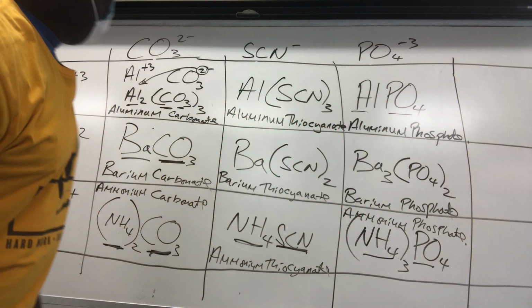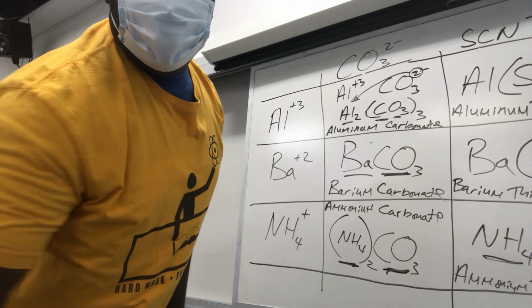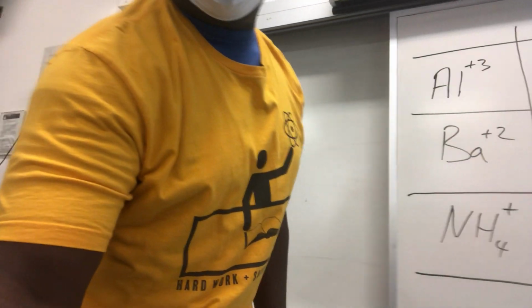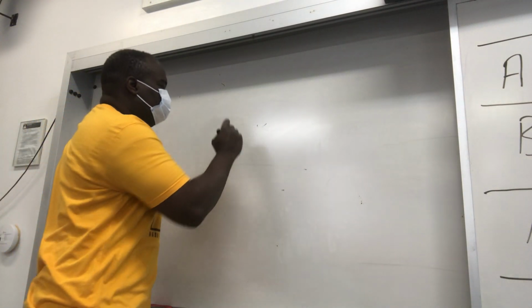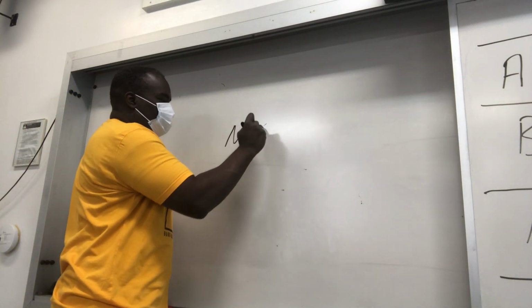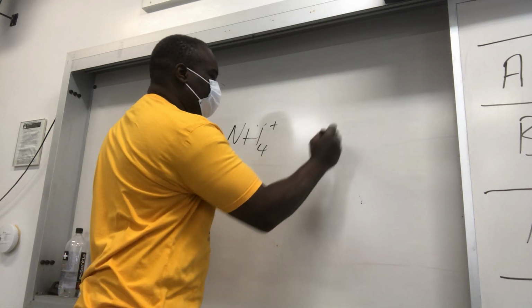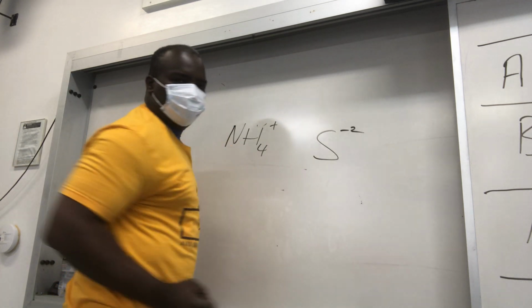So that's it. So what I'm going to do right now is an example where you have a monoatomic negative ion, okay? No problem, we'll call it a day. So let's just say, folks, they give you something like NH4+, and it's making a compound with sulfur. You look in your reference table, top number, you see that sulfur is -2, right?